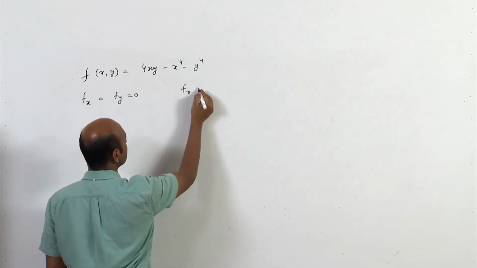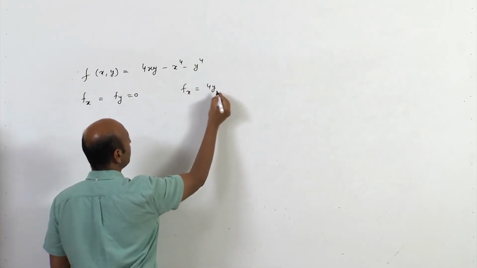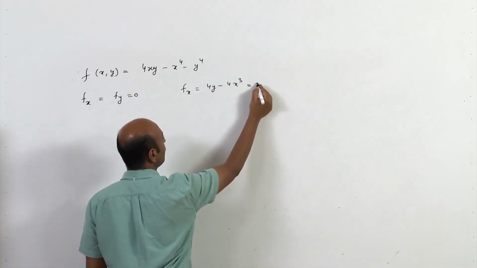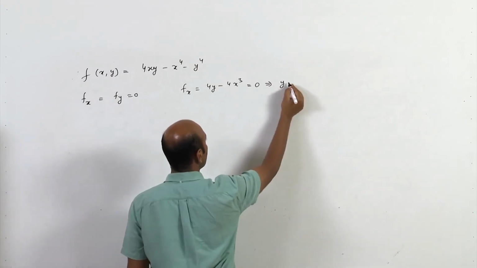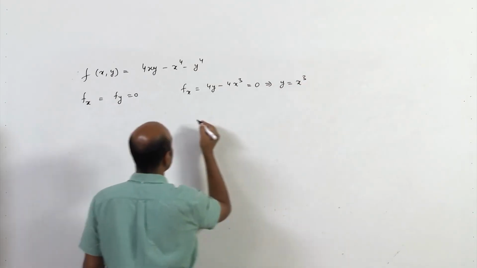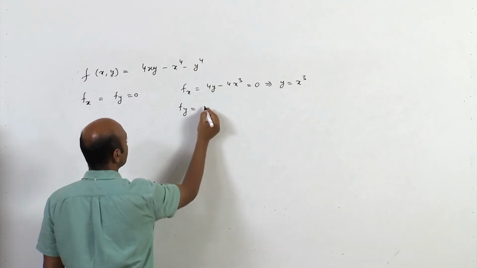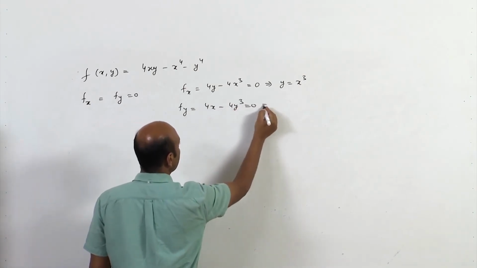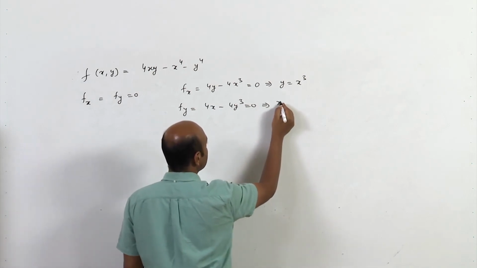What is fx? It is 4y minus 4x cube, which is equal to 0, implies y equal to x cube. Now fy is equal to 4x minus 4y cube equal to 0, implies x equal to y cube.